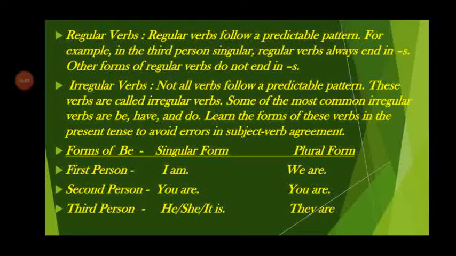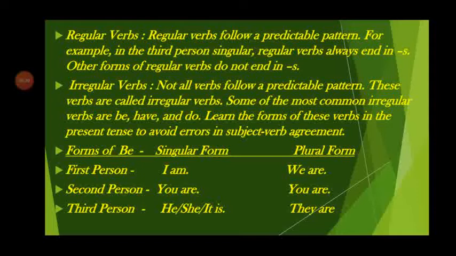Forms of be. We can see the singular and plural forms are given. In first person, with I, we have I am, or the past form I was. Then plural form we are or we were. Then second person you are or you were. The plural form is also the same, you are or you were.